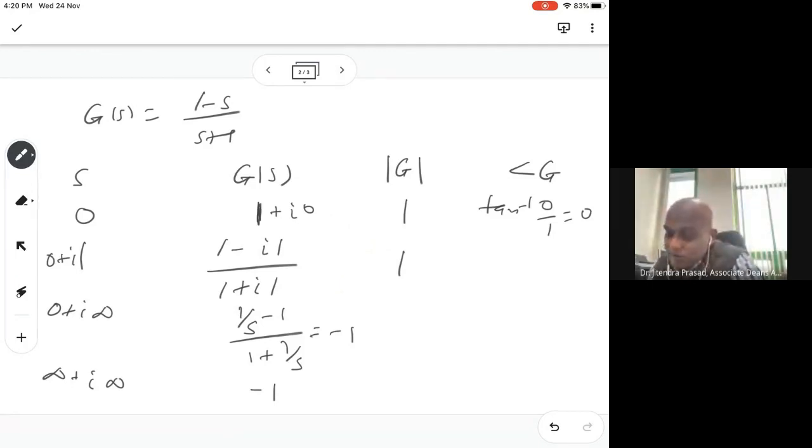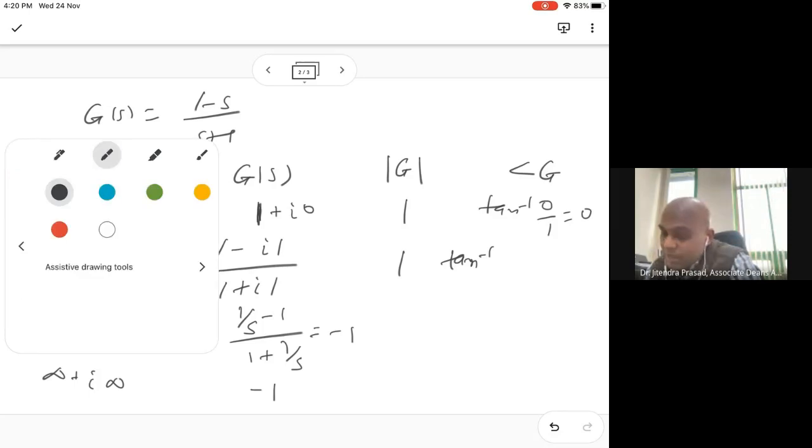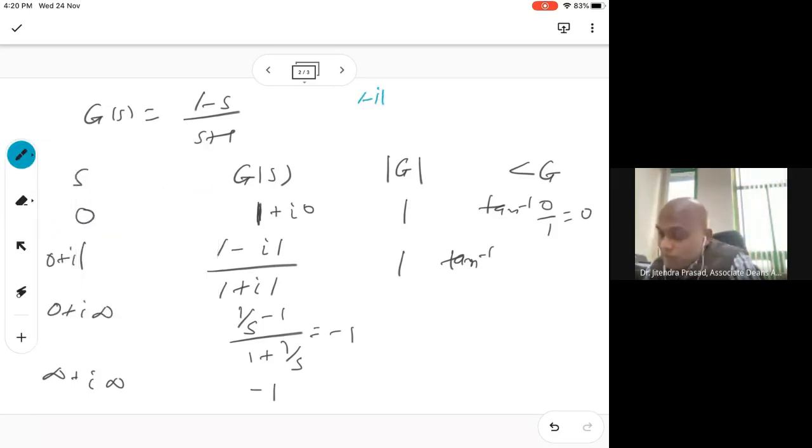So for the angle, we multiply by the conjugate of this. So we get (1 minus I) over 1 squared plus 1 squared, divided by 2, right? So we get tan inverse of, and then a square of this one. Yeah, so we get 1. So we can work it out here. So 1 minus I, 1 to 1, right?